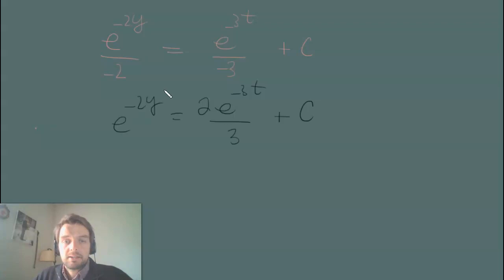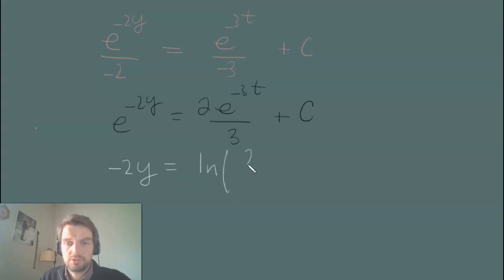Now, to get the 2y down, I'm going to take a natural log of both sides. That would leave me with negative 2y on the left is equal to the natural log of 2 e to the negative 3t over 3 plus some arbitrary constant.